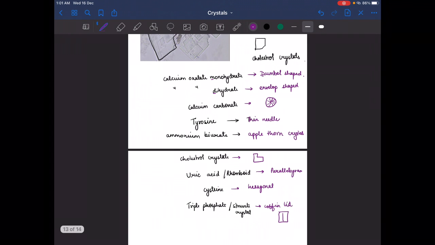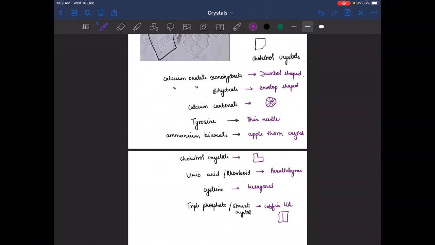Now, if someone asks you that dumbbell shaped crystals have composition calcium oxalate monohydrate, envelope shaped calcium oxalate dihydrate, thin needle like are seen in tyrosine, apple thorn crystals are seen in ammonium biurate crystals.